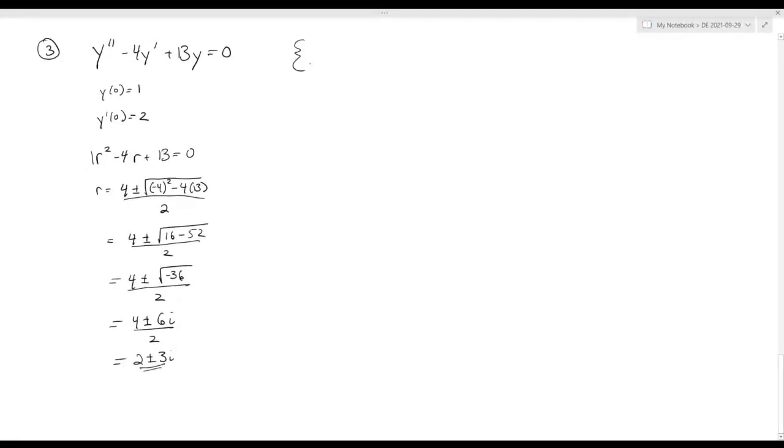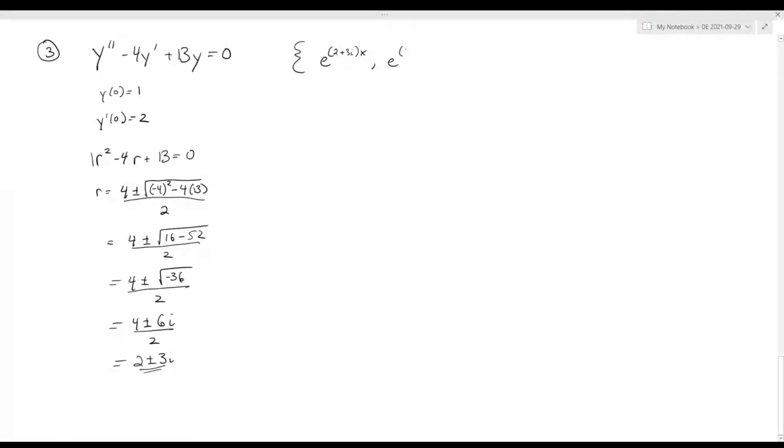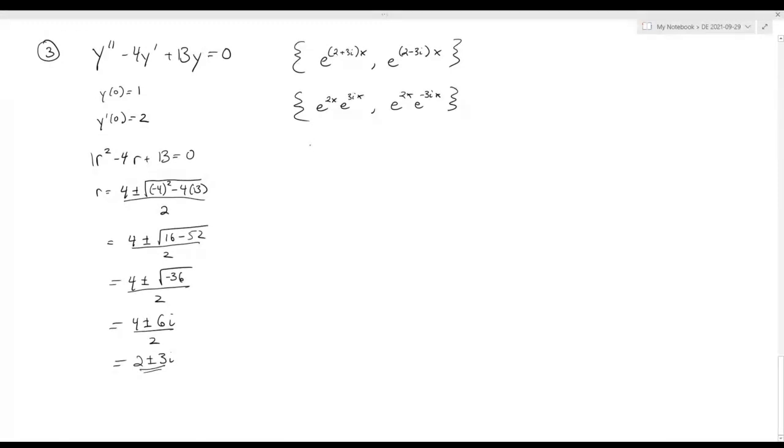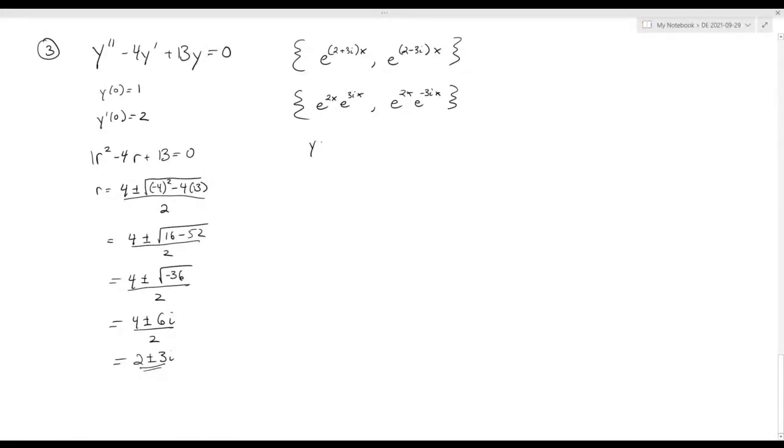I guess this is called repetition in pedagogy. So we have that our solutions are a fundamental solution set: e to the power of the root times x, and e to the power of the conjugate root times x. Using properties of exponentials, we don't want our solution to have any complex numbers there; we want it to be real.